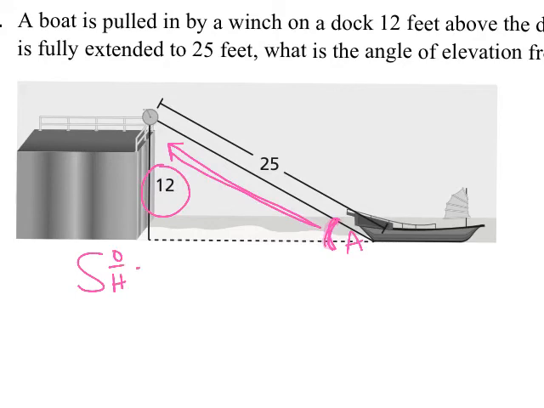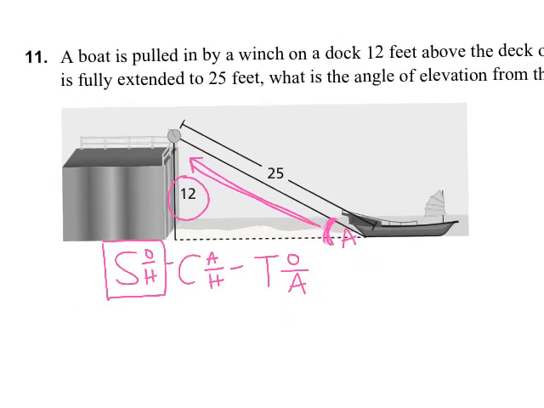From angle A, we have the opposite side. So if we go to SOHCAHTOA, we have the opposite side, so we know that we're either going to use sine or tangent, since those are the only ones that have those O's. We're also given the hypotenuse, so that limits us now to sine, because that's the only one that has opposite and hypotenuse in it.